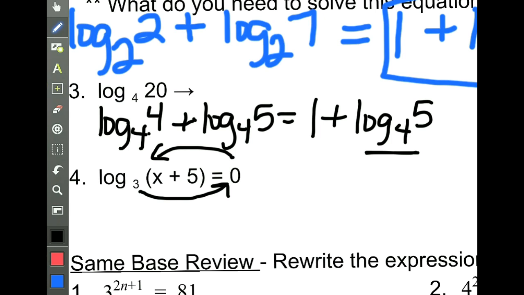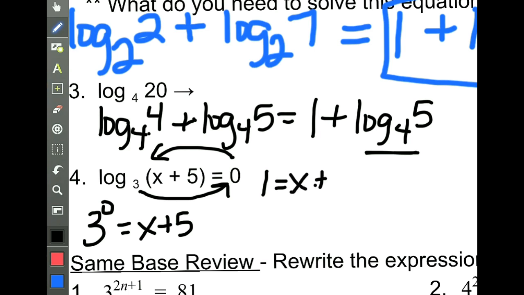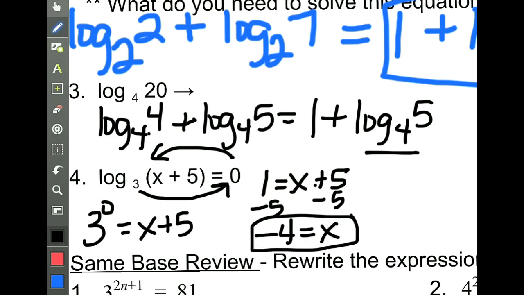So let's rewrite this in exponential form. So 3 to the 0 power equals x plus 5. Anything to the 0 power is 1. So 1 equals x plus 5. Then I would just need to subtract 5 from both sides. So x equals negative 4. Okay? Good.